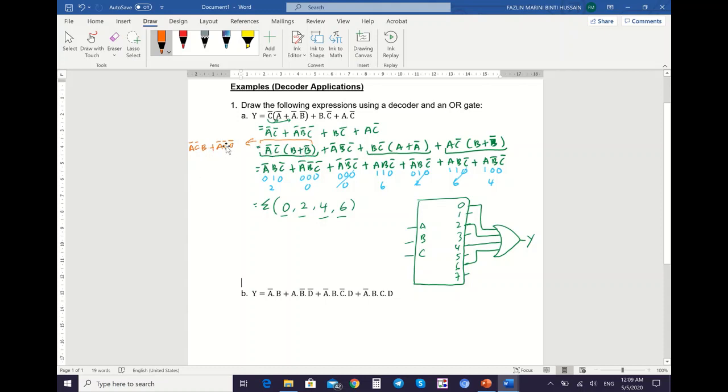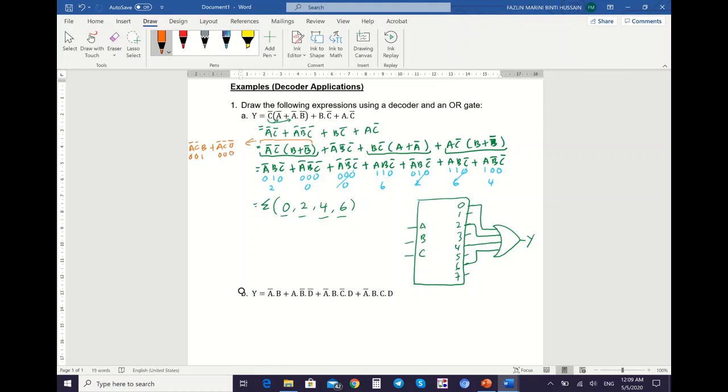Actually, based on the law, there's nothing wrong with this kind of product term. You can write it. But I'm afraid that you might convert to the wrong decimal. For the decimal value, before the decimal we start with the binary, right? The binary representation here is 0, 0, 1, and here is 0, 0, 0.